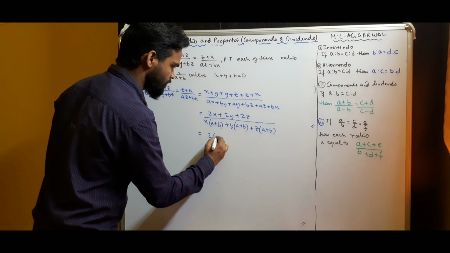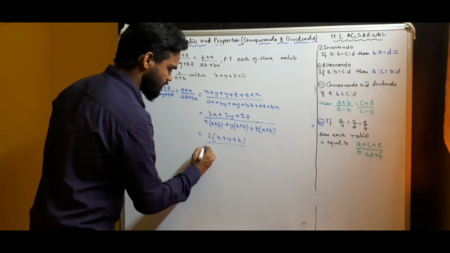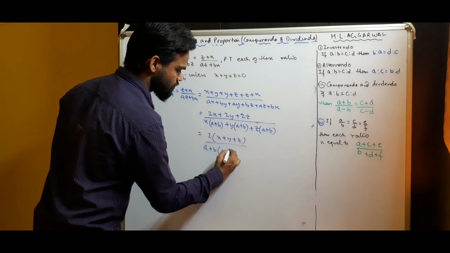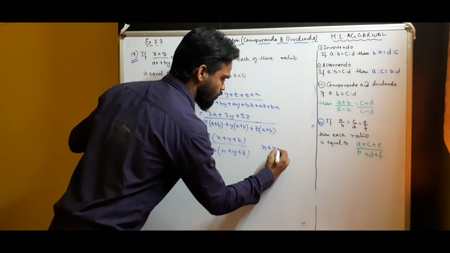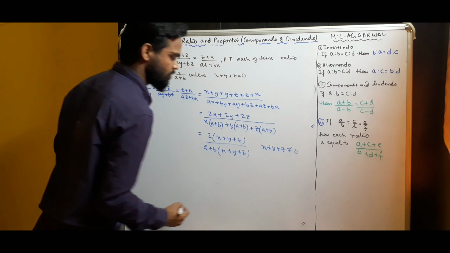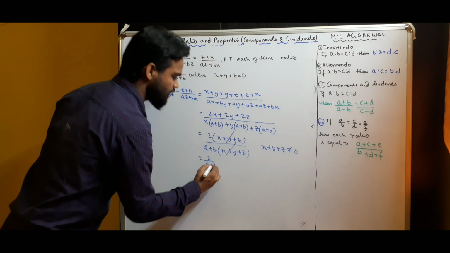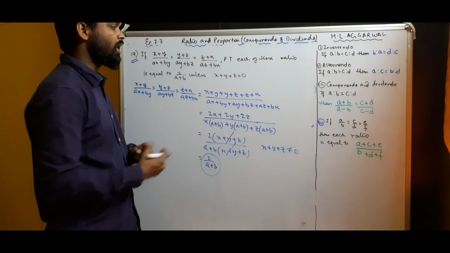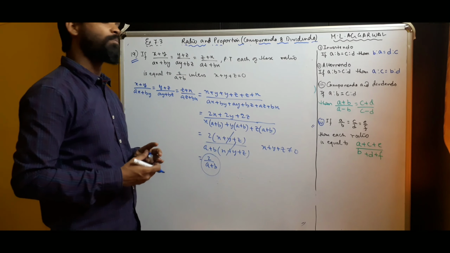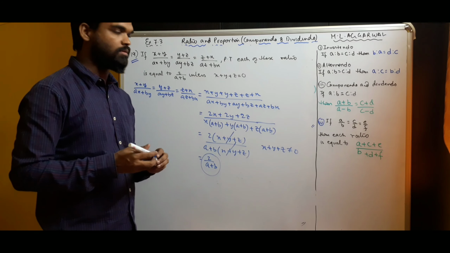So we take 2 common, so this is x plus y plus z, and we take a plus b common, so x plus y plus z, and of course x plus y plus z is not equal to 0, which means this is equal to 2 by a plus b, which they have asked us to prove unless x plus y plus z equals 0, and I have told x plus y plus z is not equal to 0.